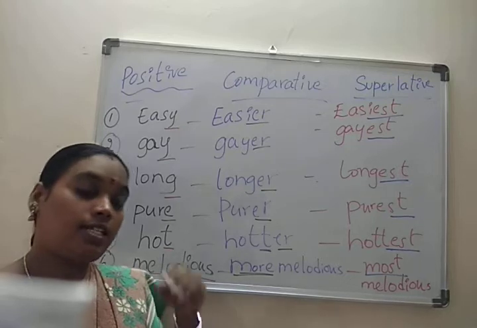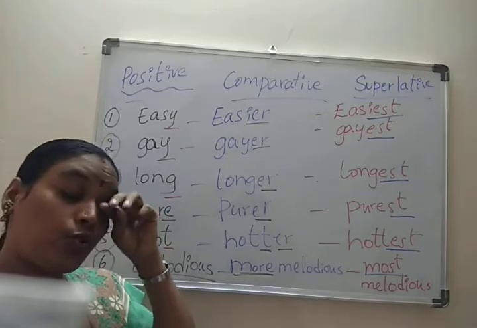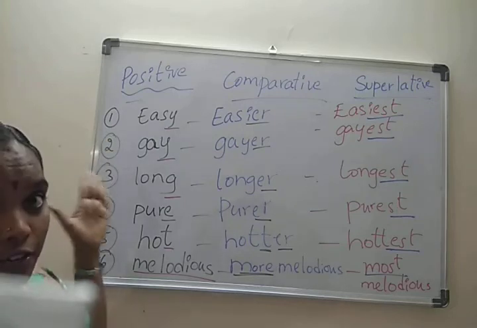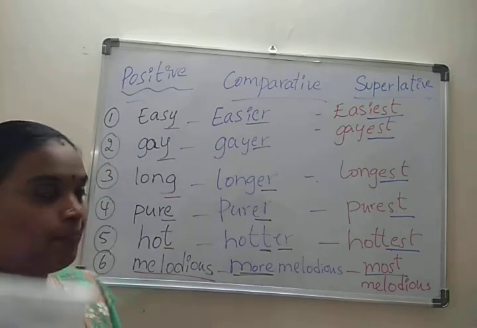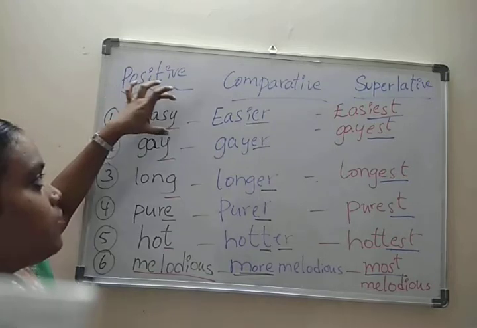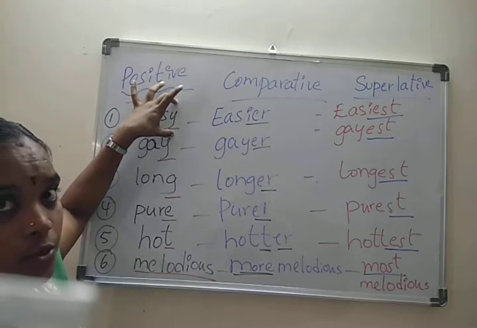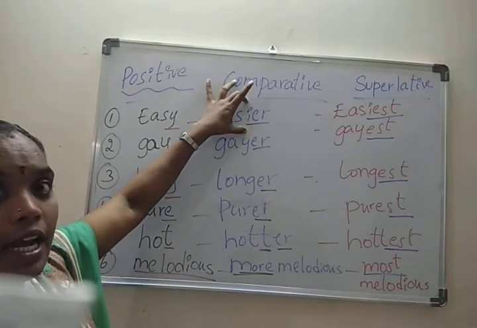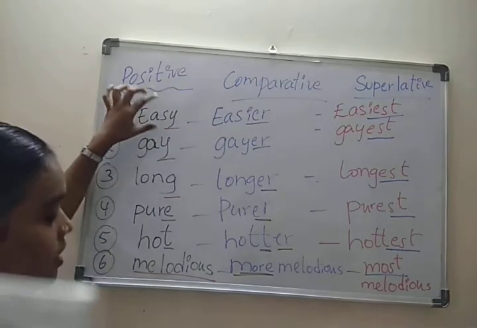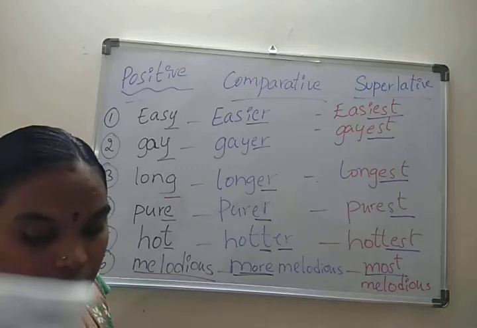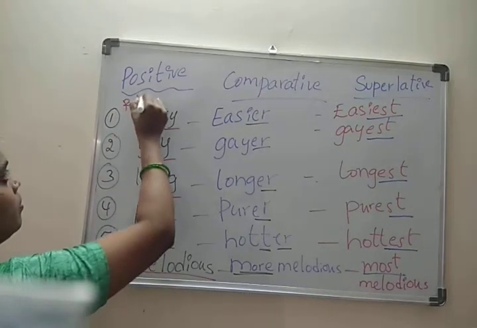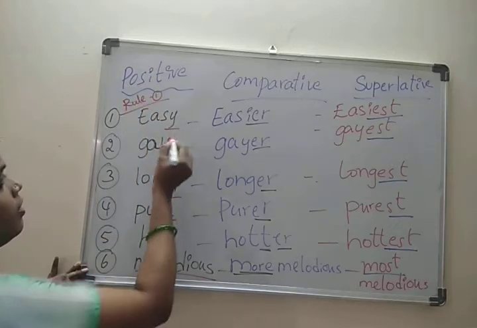So while we are writing a sentence in degrees of comparison, we have to know the rules. That's what I am giving here. I gave you different words. Easy ends with Y. But what happened here? IER. What is the rule here? Let me explain. This is rule number 1.